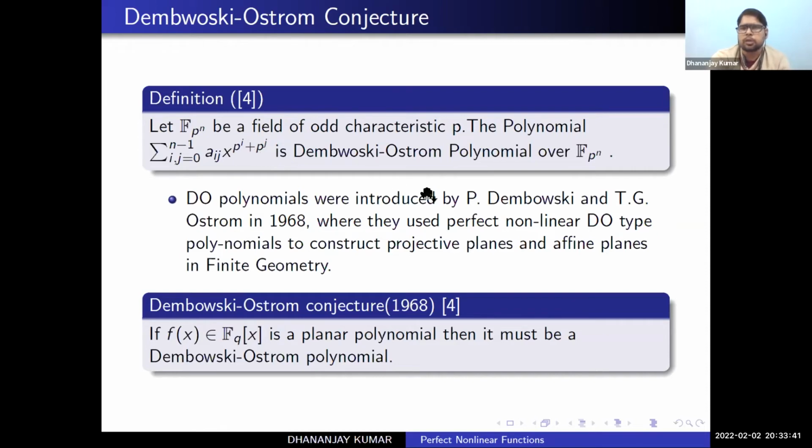It was introduced by P. Dembowski and T.G. Ostrom in 1968, and they used this type of function to construct some projective and affine planes in finite geometry. The Dembowski-Ostrom polynomials having certain properties were called planar functions.